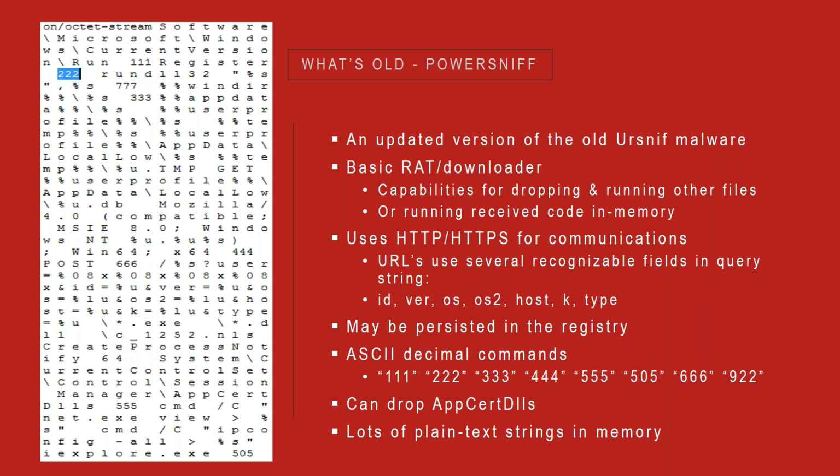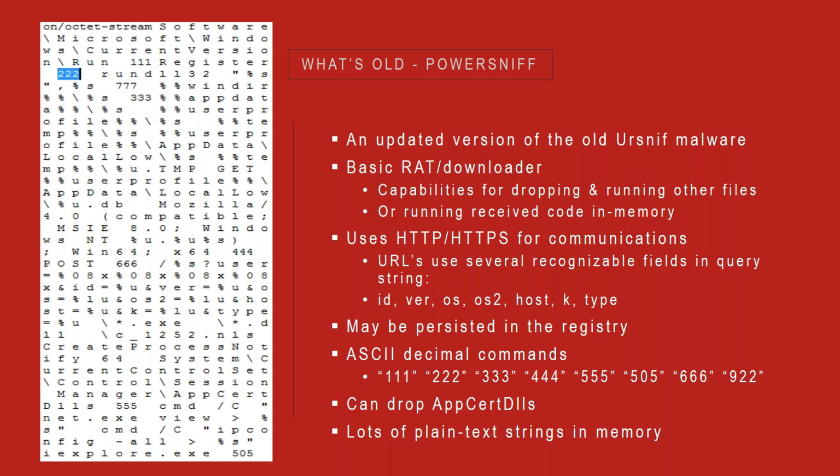Once again, PowerSniff can be installed in the registry, so we did see that happen, and we saw when PowerSniff is running, the commands that come back all have different codes, and you can see some of the commands listed there. They're all basically decimal text, ASCII text commands, like 111, 222, 333, all the way up to 922. Each of those commands corresponds to something different, like drop an executable file and run it, or drop a DLL and run it, or run a blob of shellcode into memory. And those commands are going to be coming back most likely encrypted.